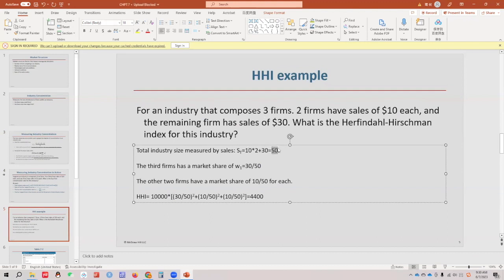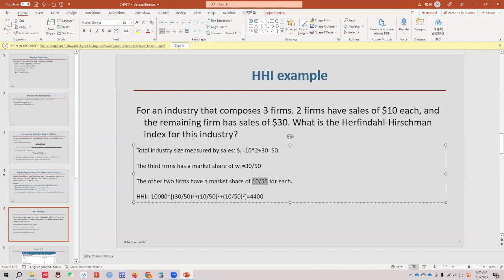That is 50. Then we have to calculate the weight, the proportion or market share of each firm. The third firm, which is larger, has a market share of 30 over 50. The other smaller firms, which are equal sized, each have 10 out of 50 as their weight.